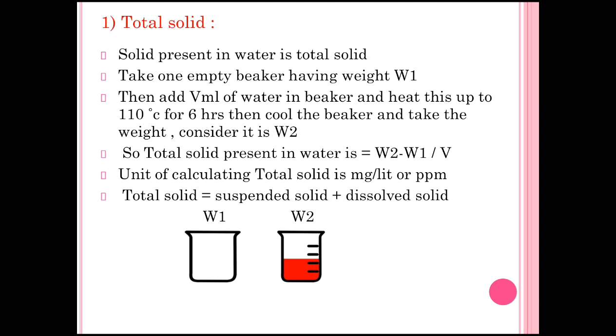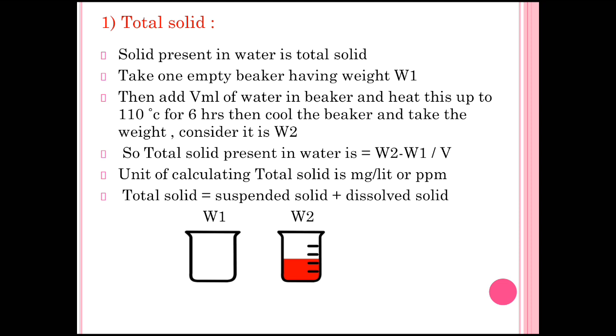Then allow the beaker to cool to room temperature, and when it becomes normal temperature, weigh the beaker again. The weight of this beaker after heating is taken as W2.